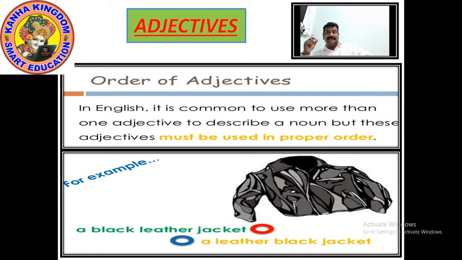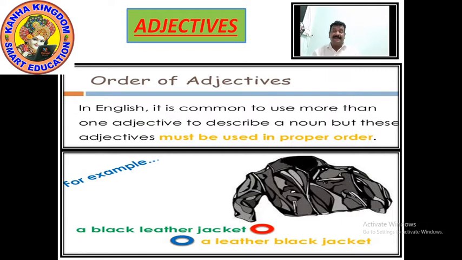What is correct in it? A leather black jacket. A black leather jacket doesn't make a proper order of adjectives. A leather black jacket is in a proper way of describing two adjectives in a row.